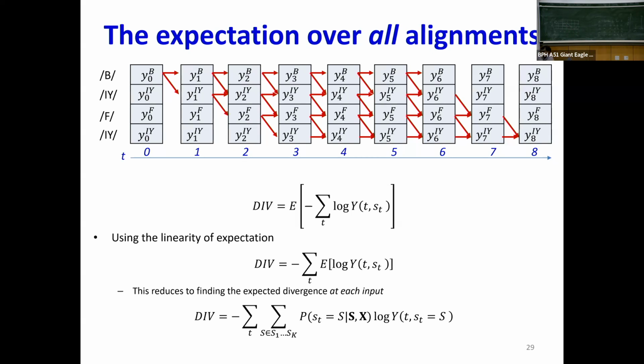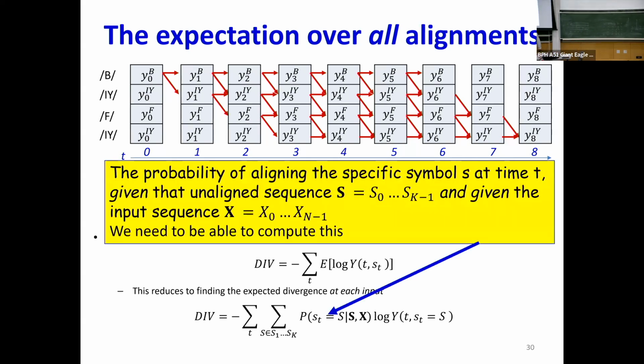Correct? And so every one of these three nodes over here would have such a probability. And so this expectation over here is the weighted sum of the log probabilities in this column, where the weight assigned to any given node is the probability that an alignment will go through the node.